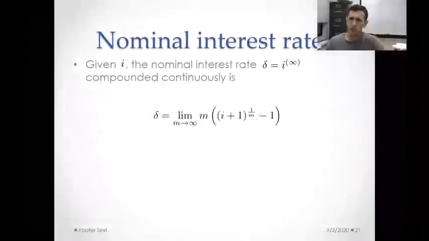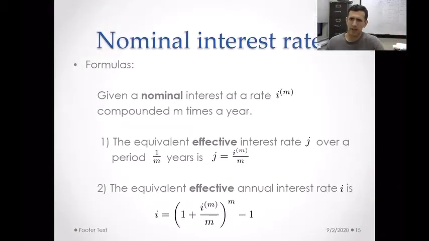I should mention that in this formula, if I superscript m is fixed, let's say, for example, it's 5%, regardless of what m is. Let's say we don't know what m is. Let's say we're looking at I equals 1 plus 0.05 over m, raised to the m, minus 1.